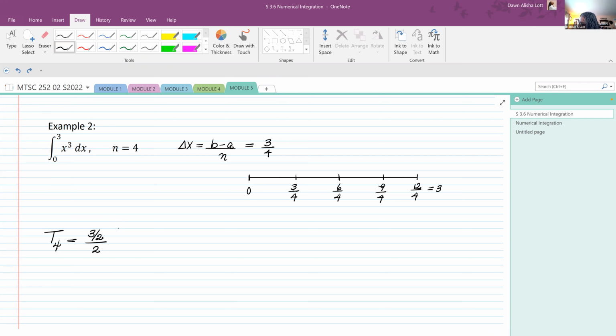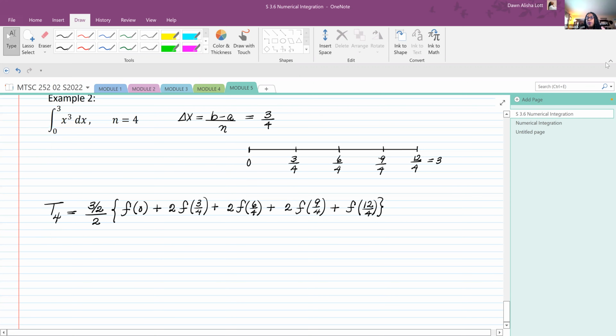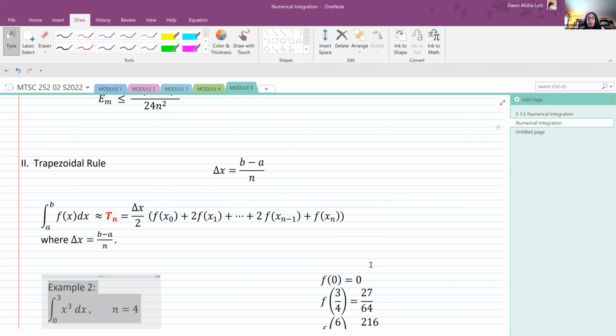Delta x over 2 times f of the first one, f of 0, plus 2 times f of 3/4, plus 2 times f of 6/4, plus 2 times f of 9/4, plus 1 times f of 12/4. Okay. Of course, I took the liberty to find out these ahead of time.